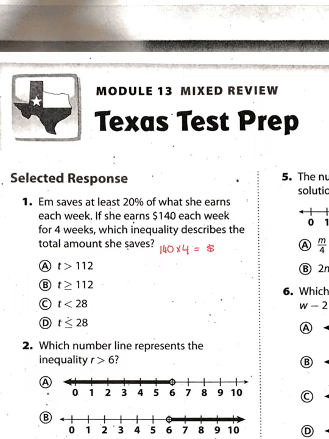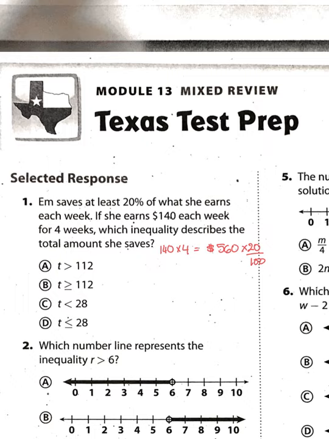560. Okay. So if I have $560, this is what I earned, and I'm going to put it to saving, and I save 20% of it. So 20% of 560 is, I take 560 multiplied by 20%. And remember that we can multiply the top with the top, the bottom with the bottom.